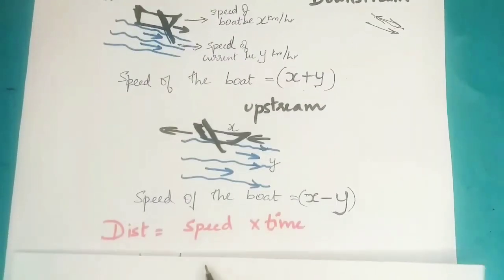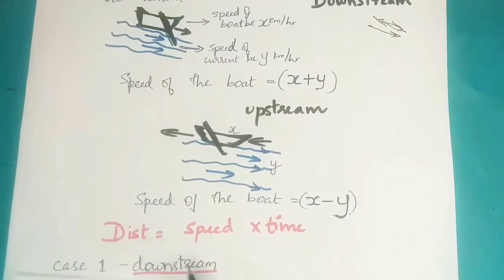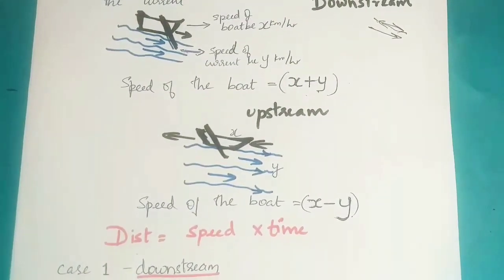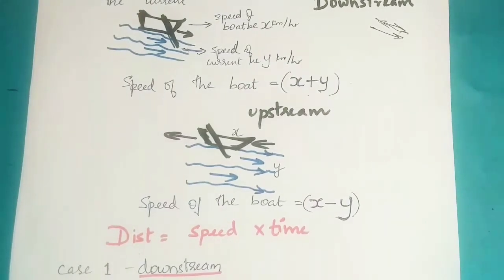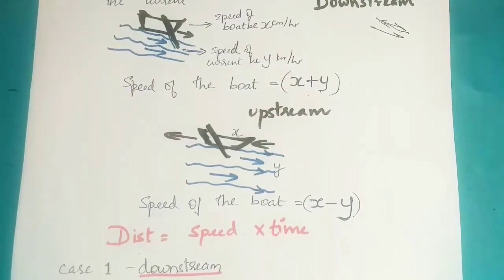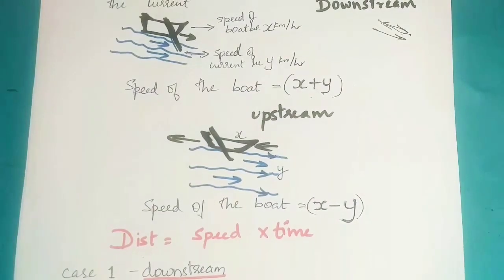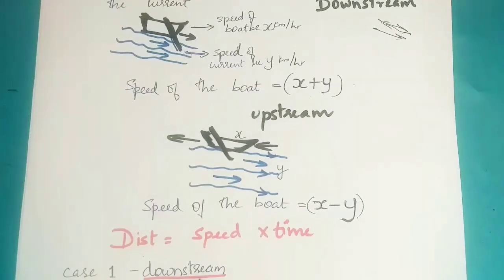That means 20 kilometers is equal to the downstream speed x plus y into 2 hours. So 2x plus 2y is equal to 20. This is the first equation from case 1, that is downstream.